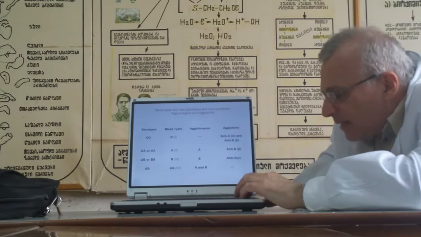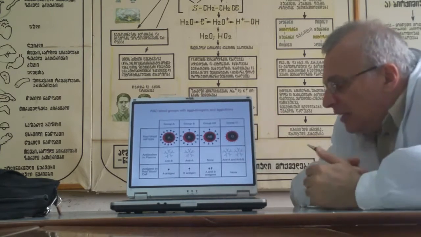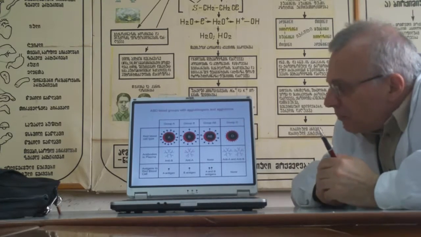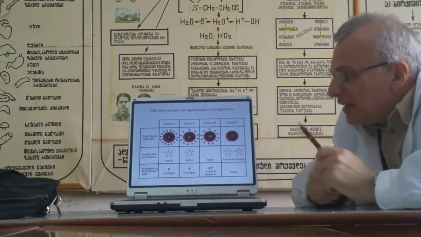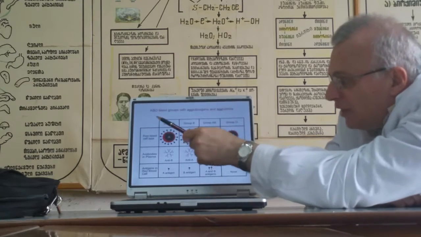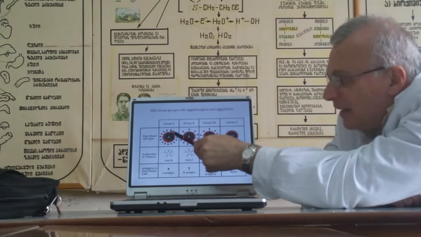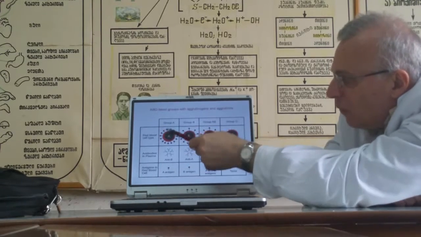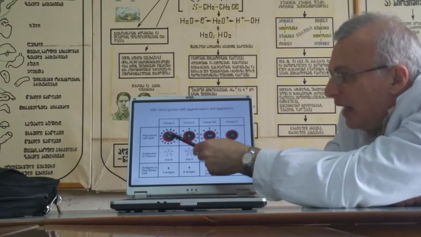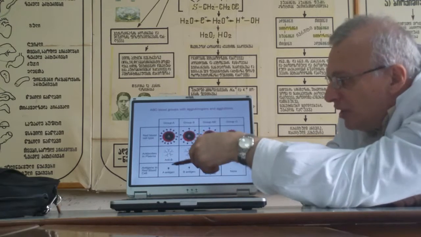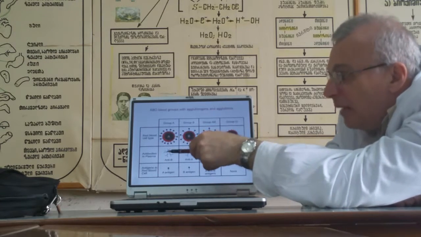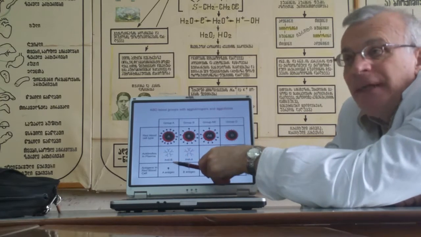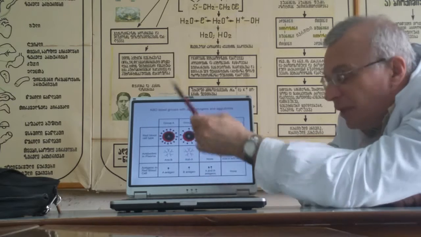Here in this picture from another book, you can see agglutinogens, for example A, like small balls. For group A, we have such agglutinogens, but in the plasma at the same time we have anti-B, no anti-A.